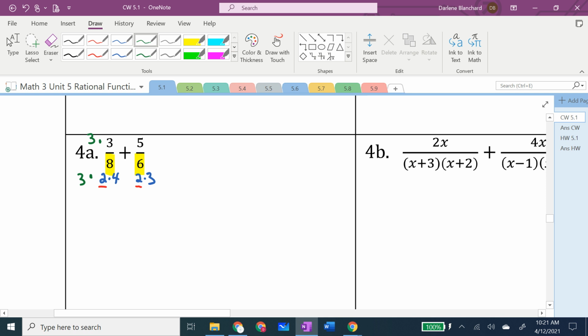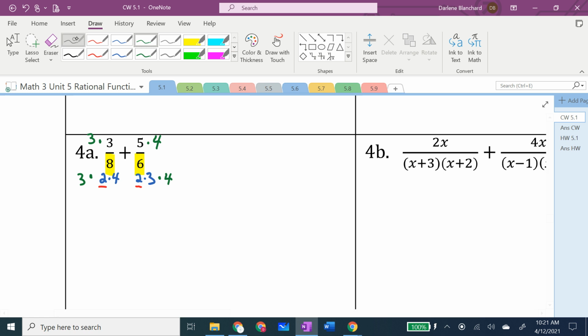Then the denominator of 2 times 3, what extra does the other denominator have that it doesn't yet have? That 4. So it's going to keep up by multiplying its denominator by that 4 that it doesn't have, and multiply the top by the same thing.